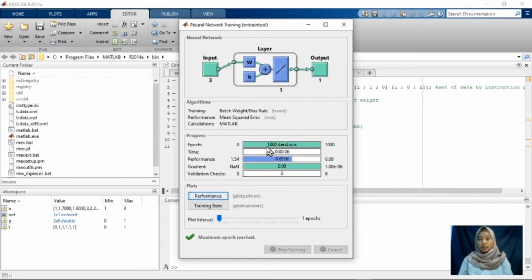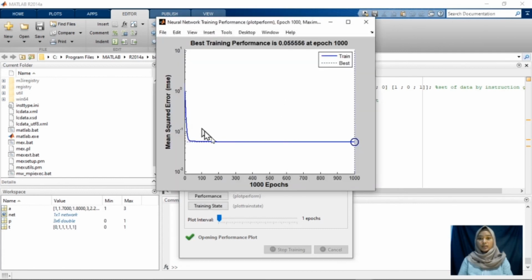Epoch, in this case, there are 1000 iterations. To know the performance, we can use this toolbar and see the result. Best training performance is 0.0555 at epoch 1000.